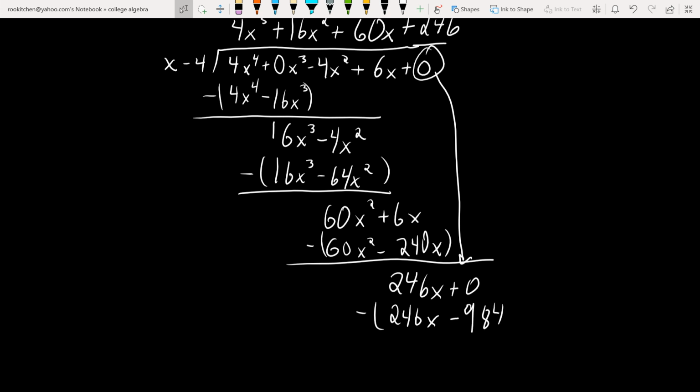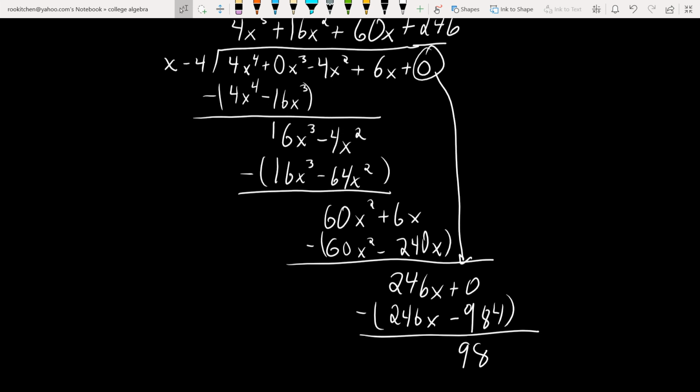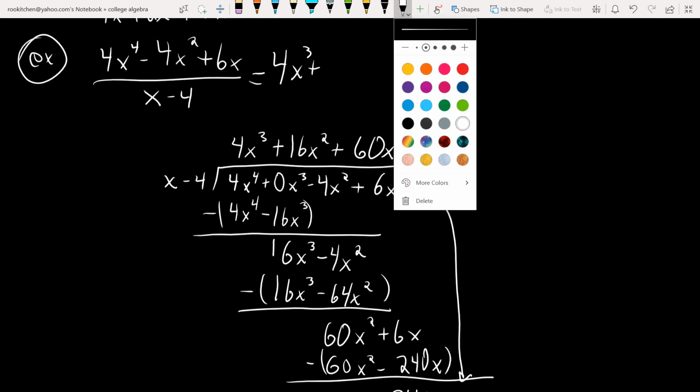And then we have to subtract again. So negative 984 will be positive 984. And so our final answer is going to be 4x cubed plus, I don't know why this thing is being such a jerk. I must have accidentally hit a button or something.